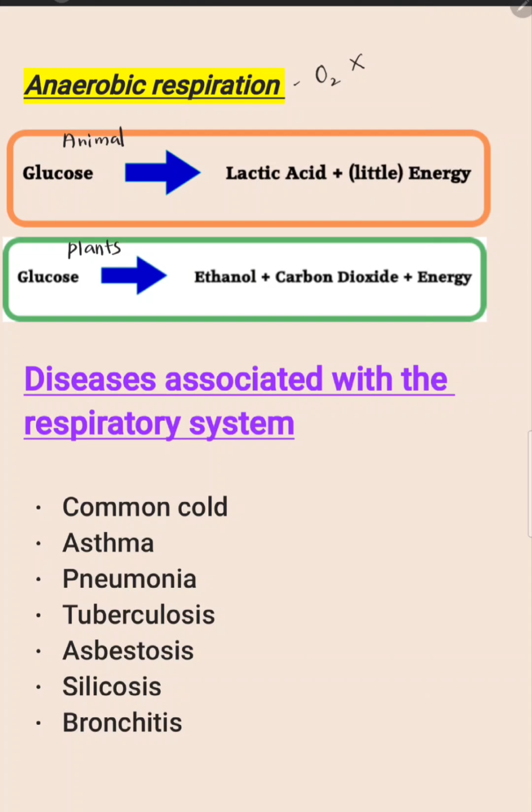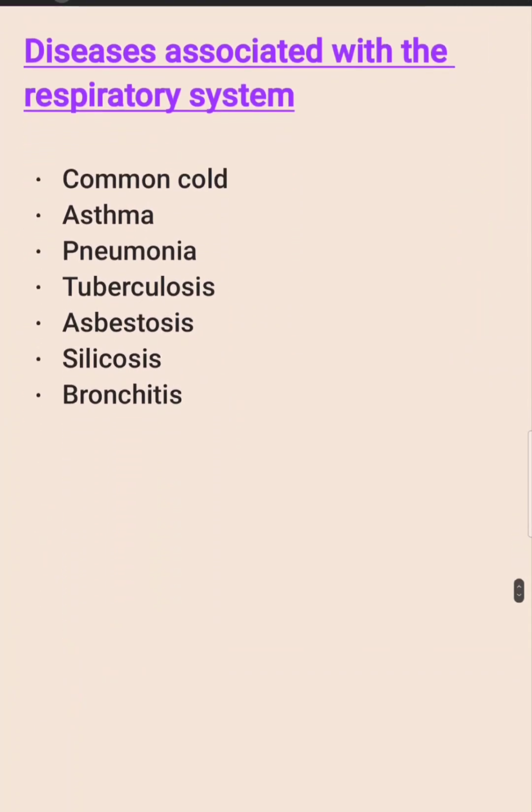Here we are going to discuss the last part, diseases associated with the respiratory system. There are some diseases. The first one is the common cold. The reason for the common cold is a virus. When having the common cold, you can have a runny nose, cough, sneezing and headache as symptoms.